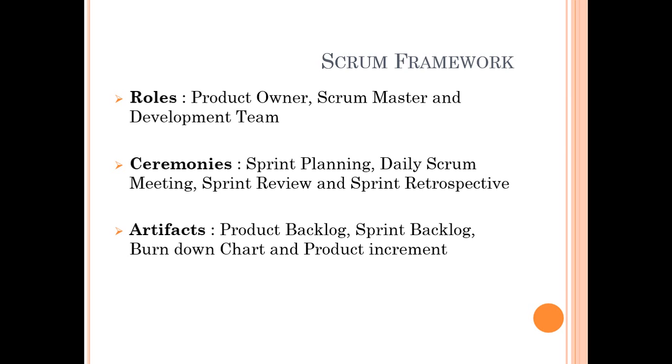So these charts are very easy to create, very simple to understand, and give a very precise picture of our current progress during the sprint. And finally, what we produce is product increment, which is accepted by product owner and the customer.